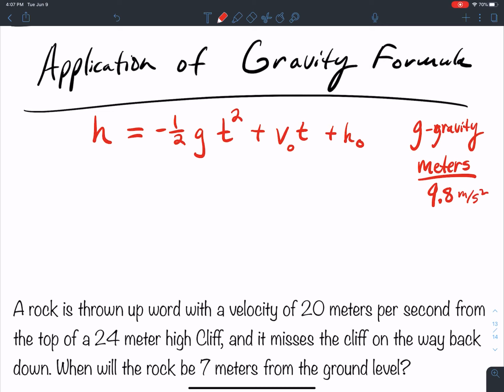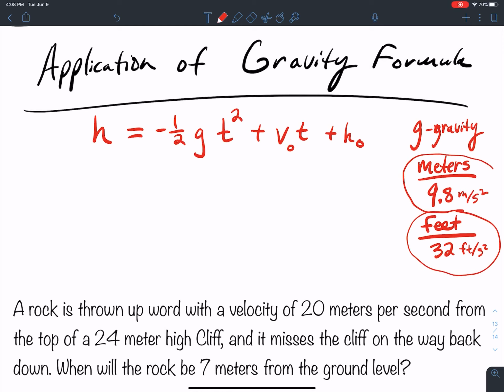And if it's in feet, so if the context of the problem it's in feet, then it's going to be represented as 32 feet per second squared. Okay? So these two numbers you need to write down and have with you as you go through the problem. Our problem down here looks like we're using meters, so we're going to be using this 9.8 for our G. Okay? So G stands for gravity.